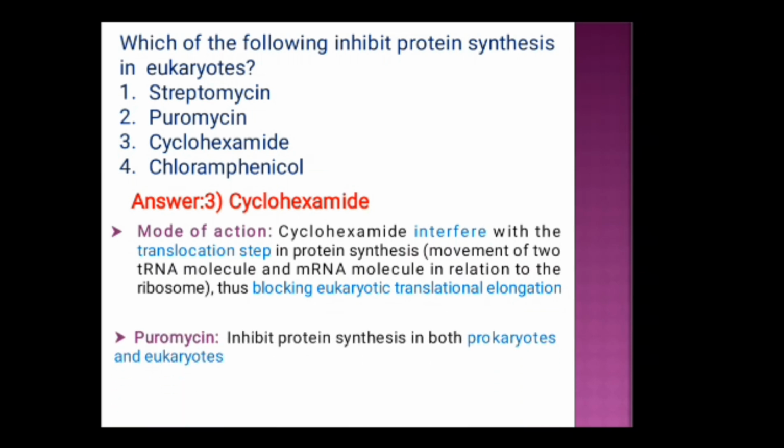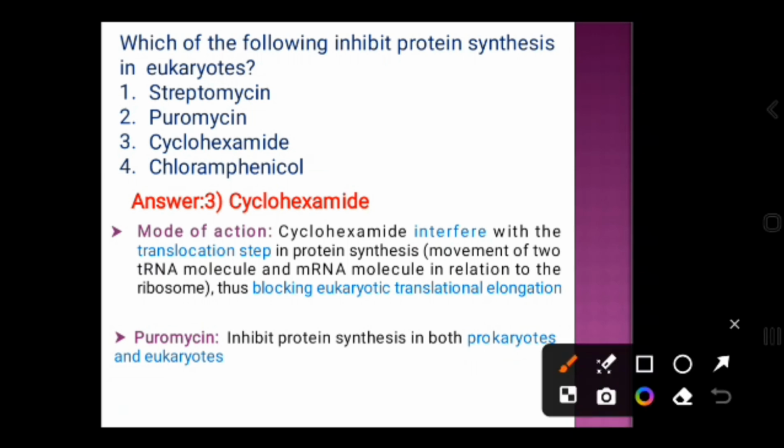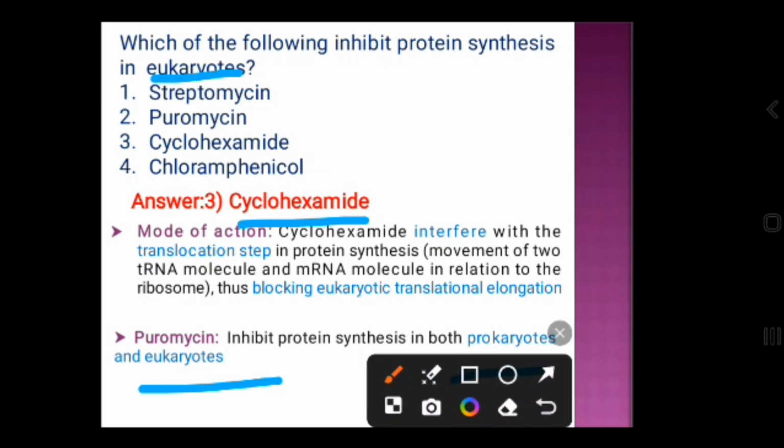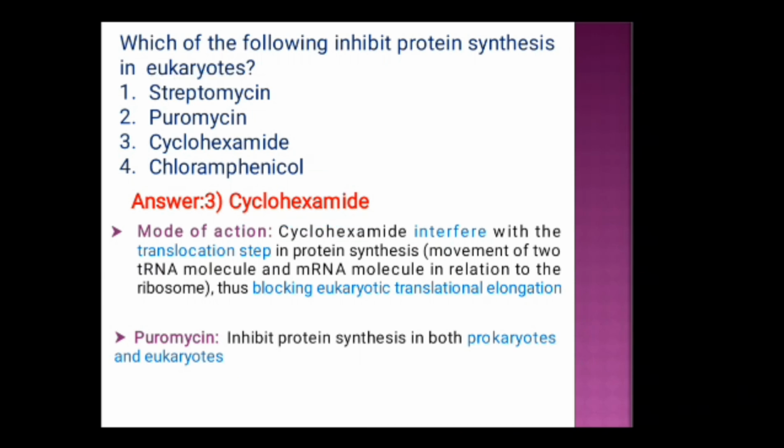Puromycin inhibits protein synthesis in both prokaryotes and eukaryotes. So remember that puromycin is a protein synthesis inhibitor in both prokaryotes and eukaryotes, whereas cycloheximide is a protein synthesis inhibitor in eukaryotes. Whereas streptomycin, neomycin, chloramphenicol, tetracycline all are protein synthesis inhibitors in prokaryotes.